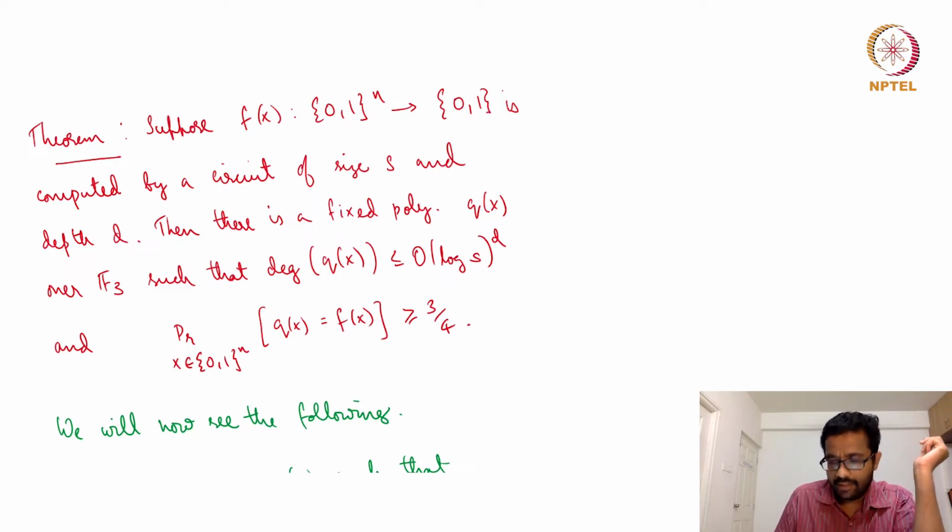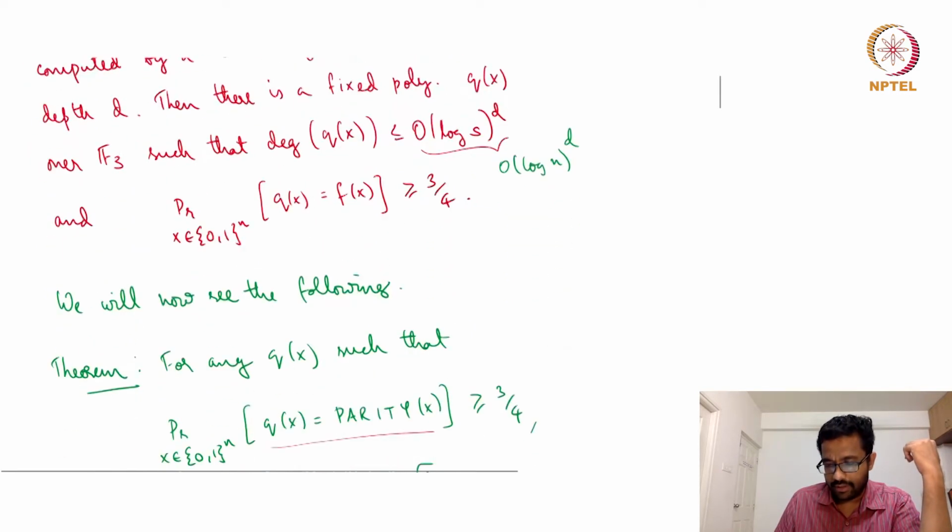So when it is an AC0 circuit, this (log s) to the power d is order (log n) to the power some constant, because order log s is just k times log n for some constant. Depth d is a constant, right? So (log n) to the power d is much smaller than square root n.